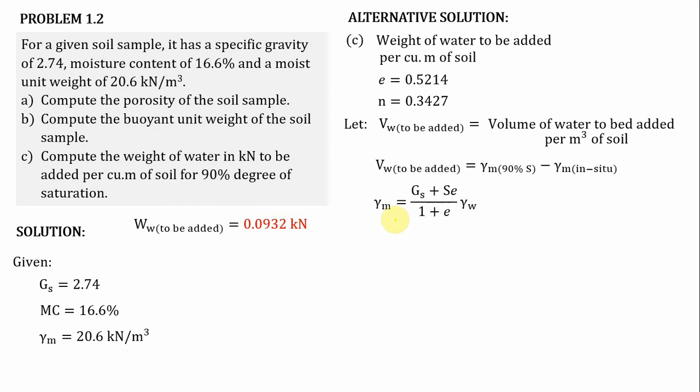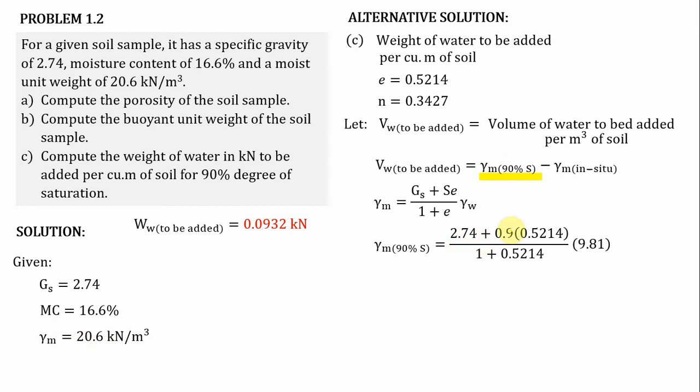So the moist unit weight is equal to (Gs plus Se) over (1 plus e) times unit weight of water. Which is equivalent to, unit weight ng moist at 90% degree of saturation is equal to 2.74 plus, ang S na gamitan natin is 0.9. Ito yung solve natin, because we know that the moist unit weight meron na tayo which is 20.6.